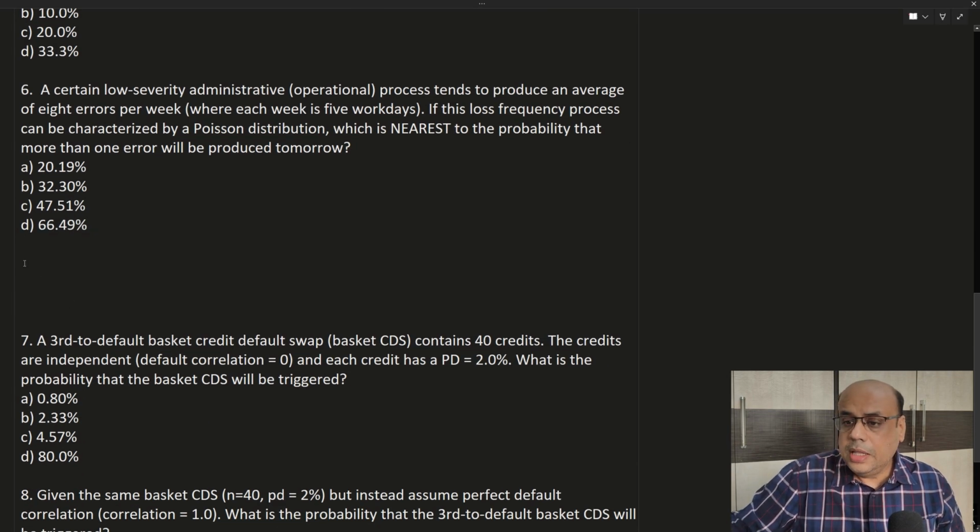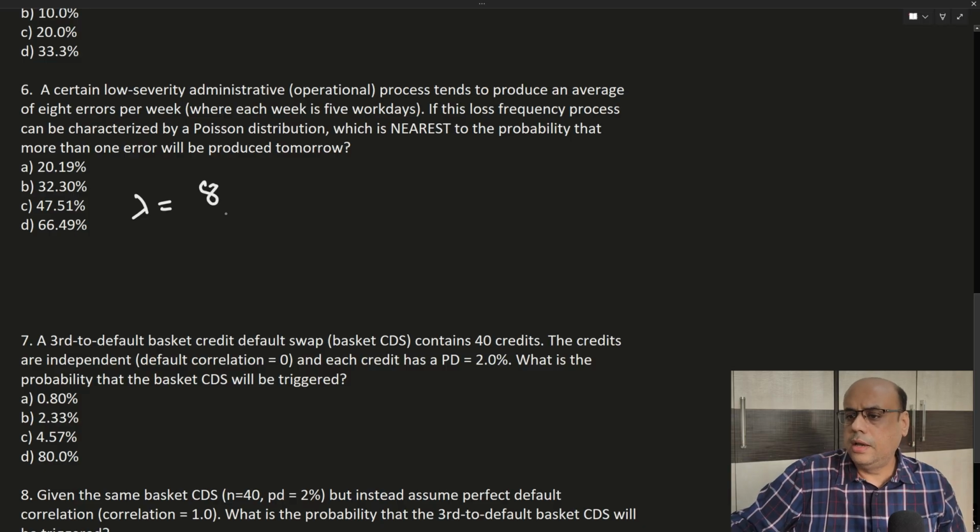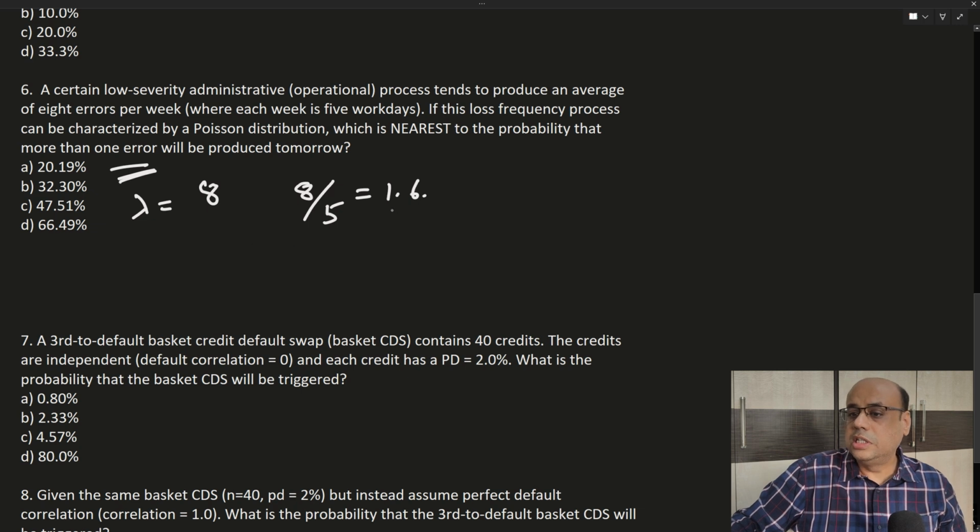So what is the lambda they have said here? Lambda is equal to 8 errors per week, right? And we are asked 1 error will be produced tomorrow, which means per day. So we have to make it 8 by 5 is equal to 1.6. This is 1.6 defects, errors per day.